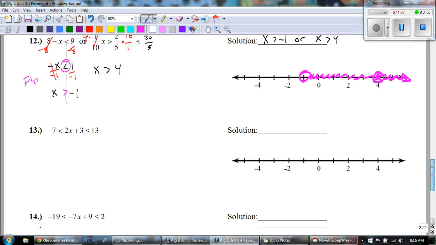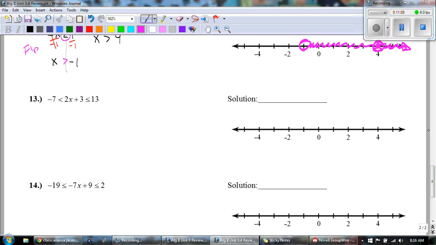Okay, couple more. 13. For 13, we just draw the lines down the middle and start solving. Find your x. I'm going to subtract 3 from all sides. Negative 7 minus 3 is negative 10, is less than 2x, which is less than or equal to 10.